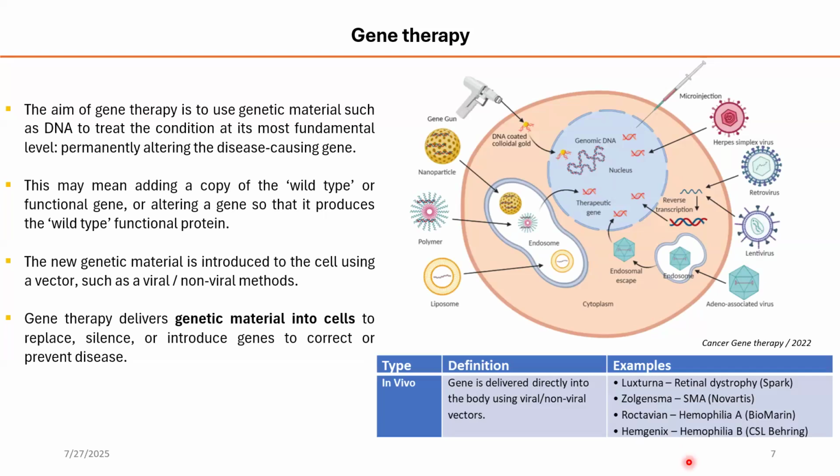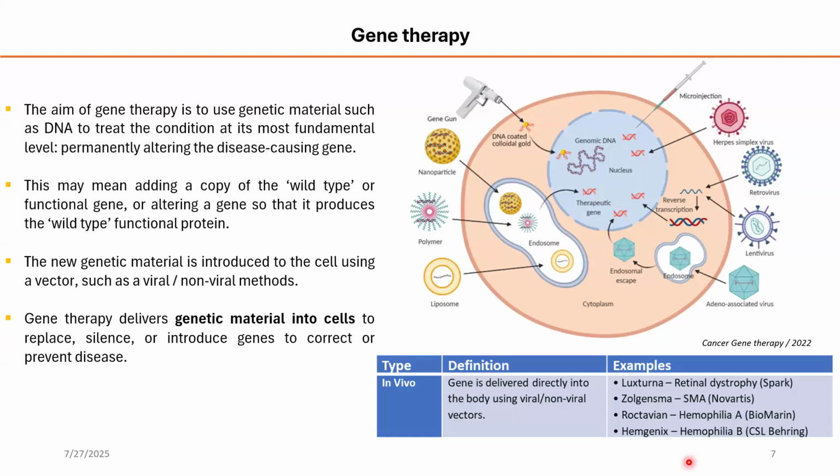So if the gene that is introduced is producing the functional protein, is this functional protein replacing what the other protein is causing, like the disease the other protein is causing? The functional protein is replacing it. Yes.